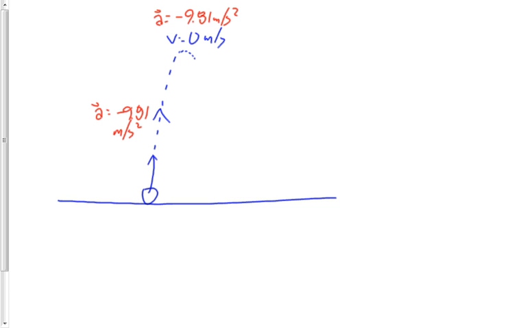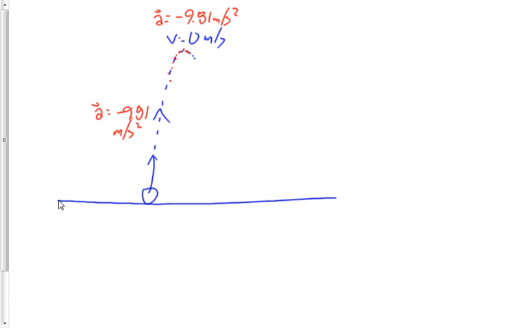The velocity is 0 for a very, very brief time, for an instant in time. It is changing velocity, though, at all times. It is slowing down, slowing down, slowing down as it gets closer to the top. It is stopping, and then just as quickly as it was slowing down, it starts going back down in the negative direction. The acceleration continues to be negative 9.81.